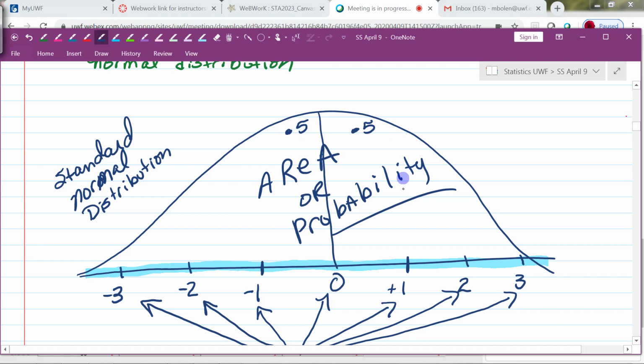If I have to have 0.79, are my z values, the numbers along the axis, going to be a positive number or a negative number in order to put 0.7957 to the left of my z value? What type of numbers do I have over here? Positive or negative numbers?